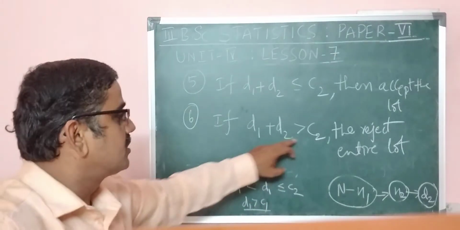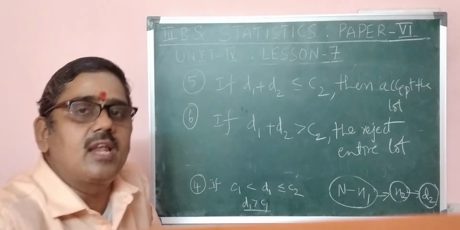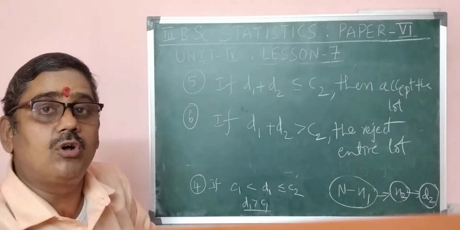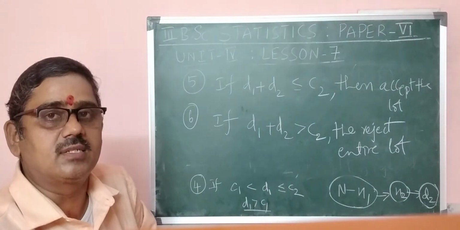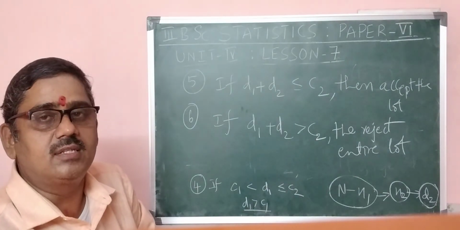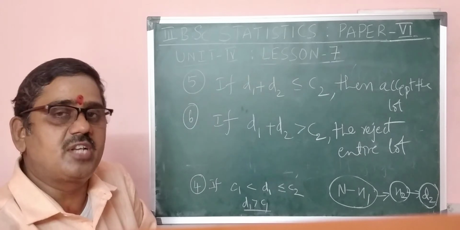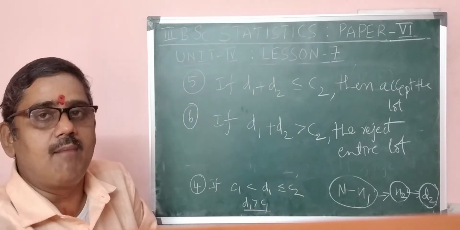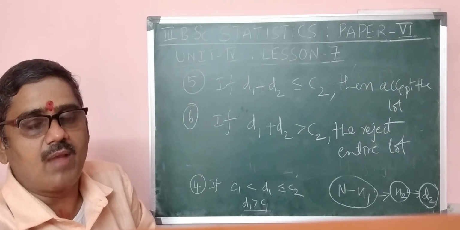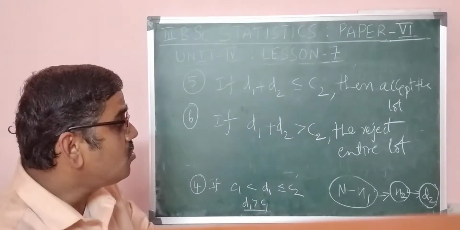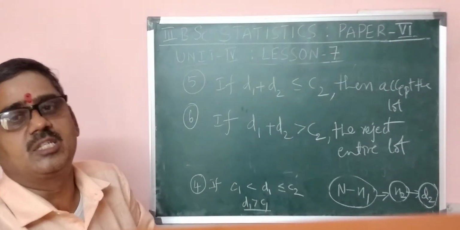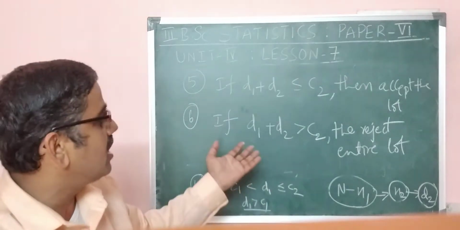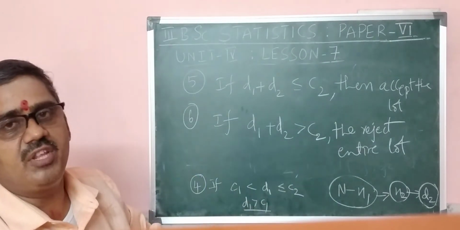If D1 plus D2 is greater than C2, then reject the entire lot based on both the samples, the combined samples. This is the inspection procedure based on two samples, that is the double sampling plan. Then we have to call for 100% inspection by replacing, first of all, all defectives with non-defectives.